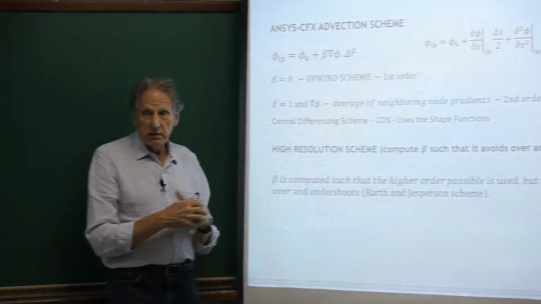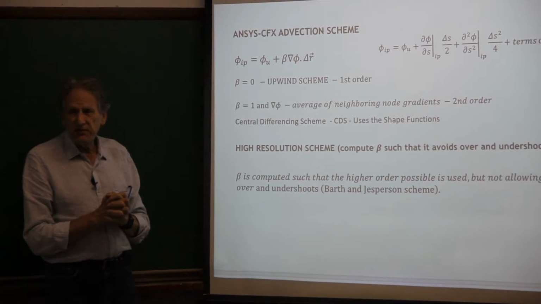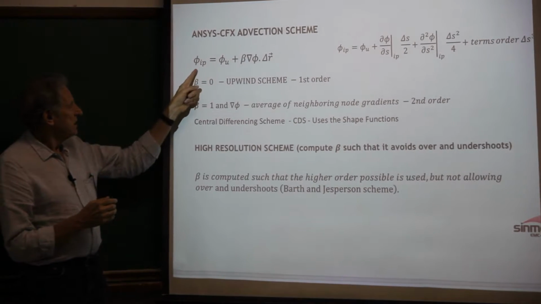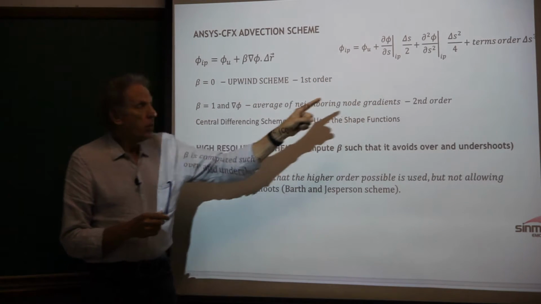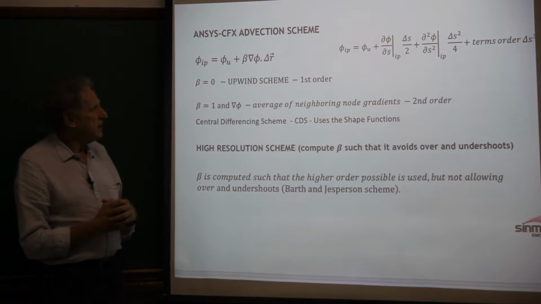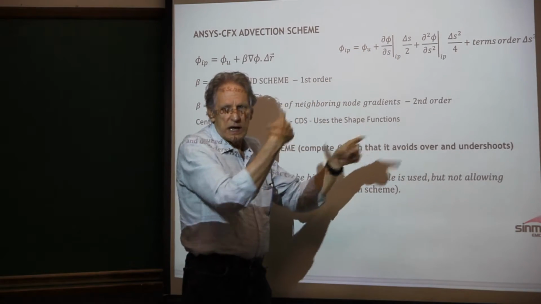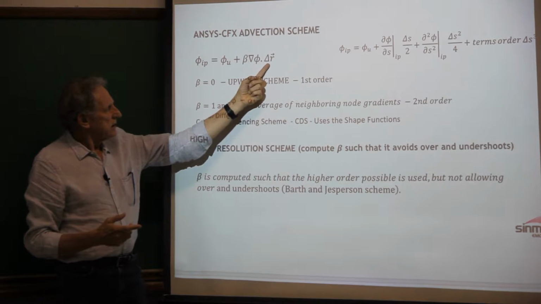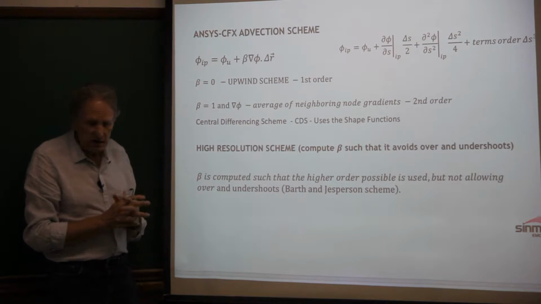And then, keeping talking about that, I'm going to just explain a little bit about what is inside the CFX for the advection scheme. CFX uses this equation, which is that one, only with one beta factor here, because the gradient of phi is along the line, its derivatives, you know. And delta R here is the distance, which is the same as the delta S there.